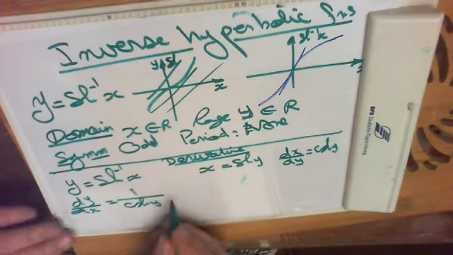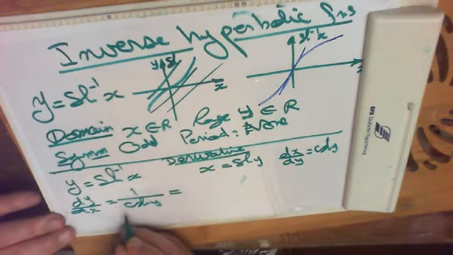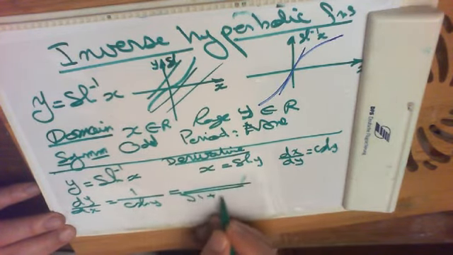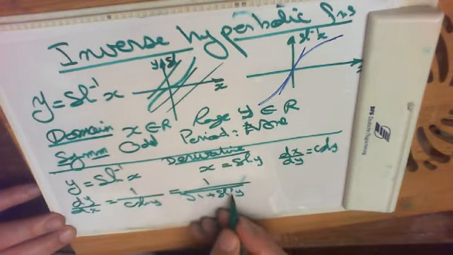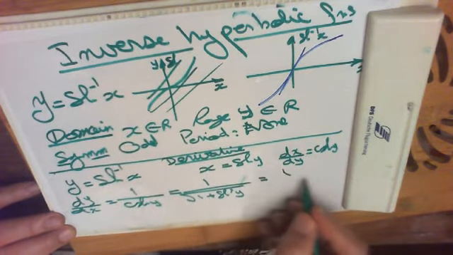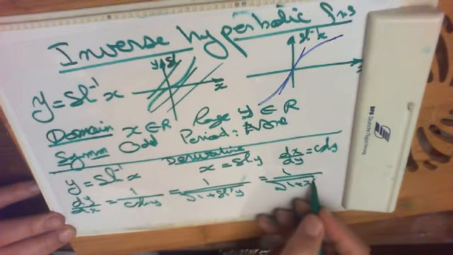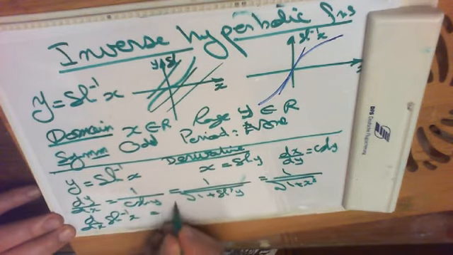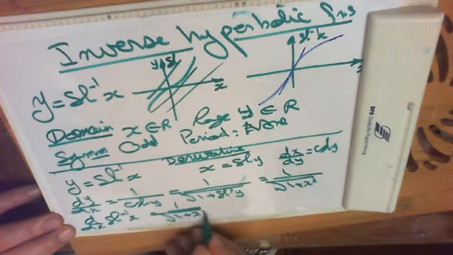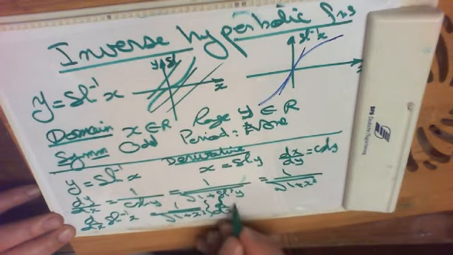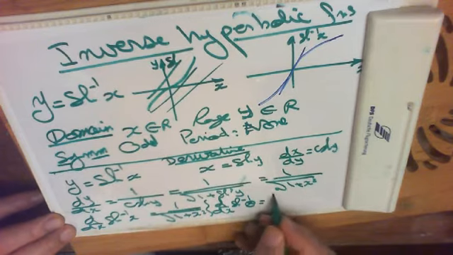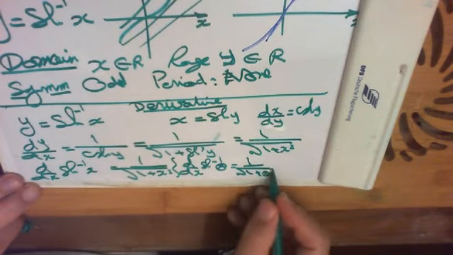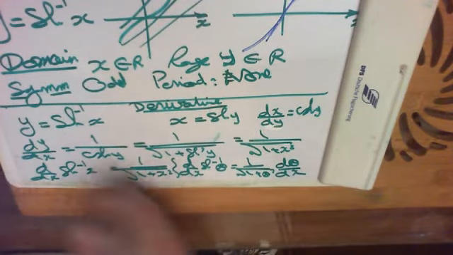What we proved is that cosine squared equals 1 plus sine squared. So cosine equals square root of 1 plus sine squared y. But sine y is x, so it is 1 over square root of 1 plus x squared. So d by dx for sine minus 1 x is 1 over square root of 1 plus x squared. Or generally, d by dx for sine minus 1 of a function is 1 over square root of 1 plus this function squared, times d function by dx. As you see, piece of cake.